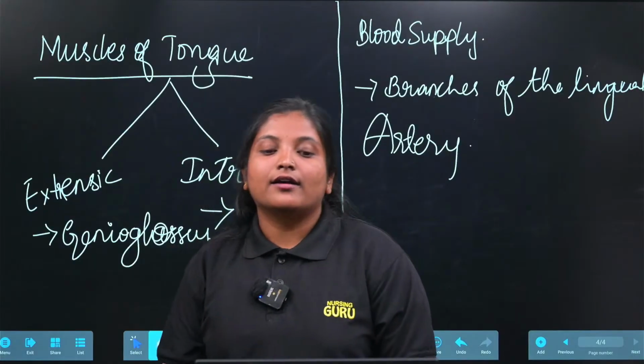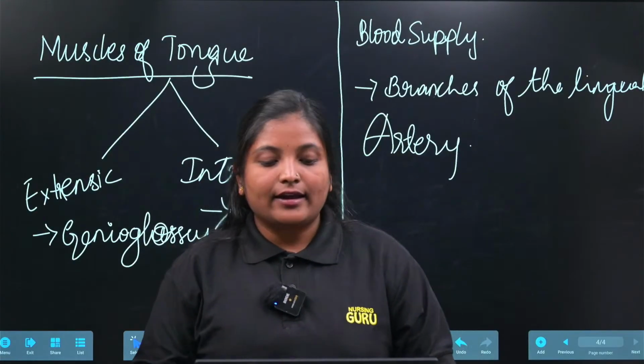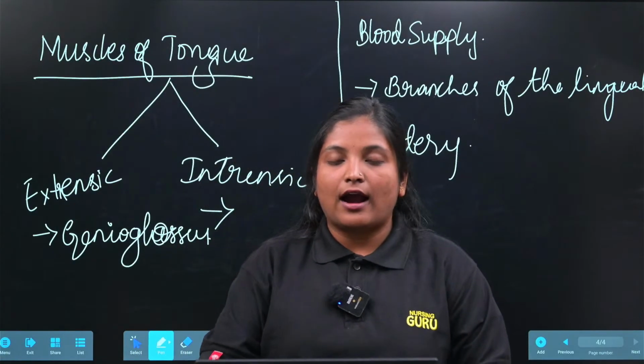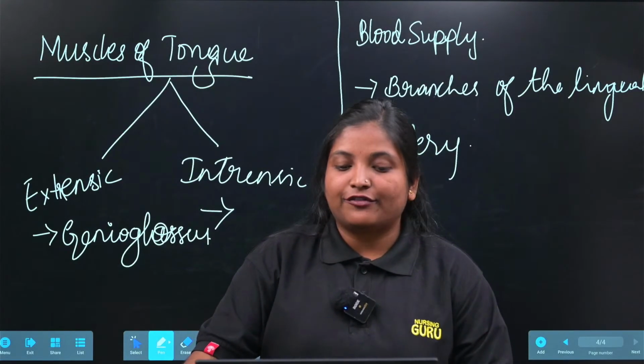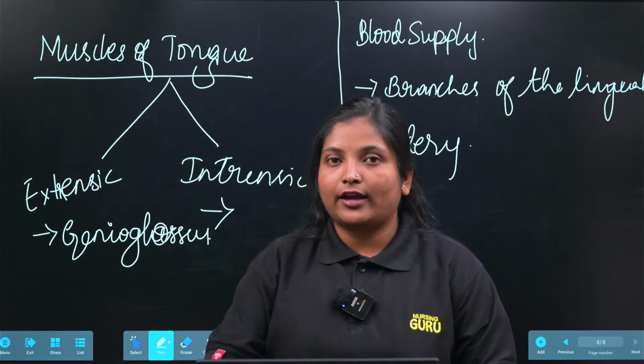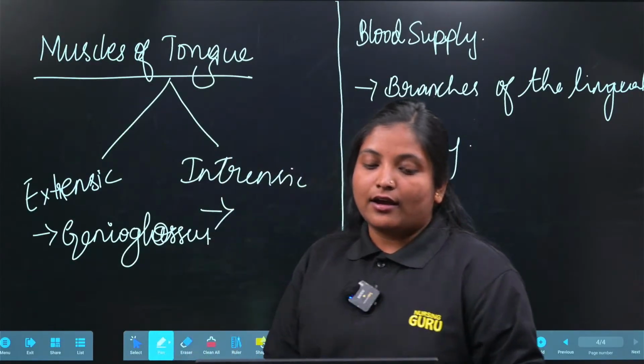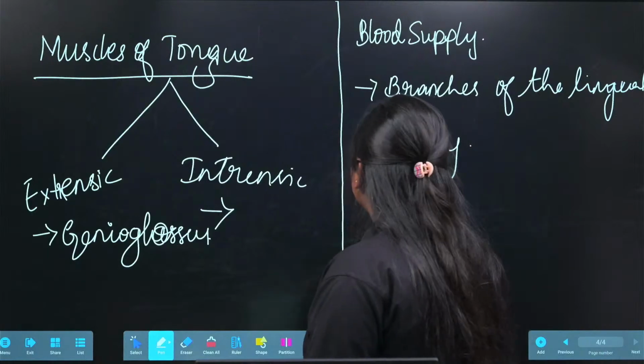Branches of the lingual artery, which is also called the chief artery of the tongue. Then the next one is the tonsillar branch of the facial artery.